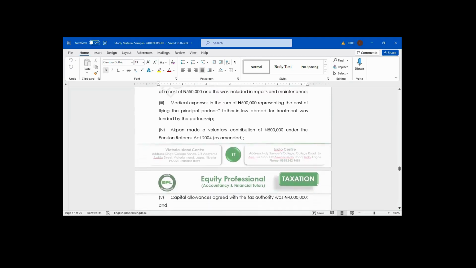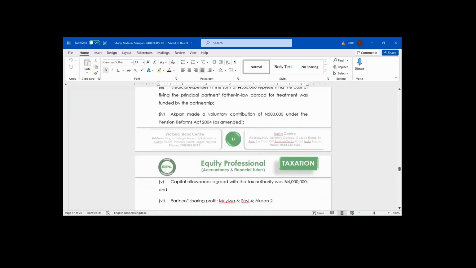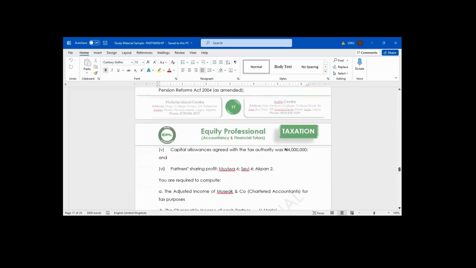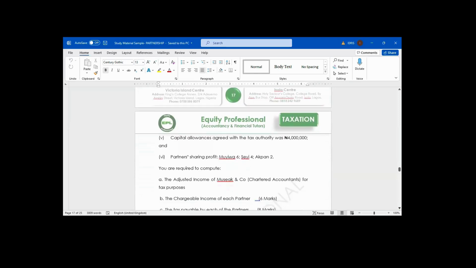Akpan made a voluntary contribution of 500,000 under the Pension Reform Act 2024 as amended. Capital allowances agreed with the tax authority was 4 million naira, and partners share profit in the ratio Muyiwa 6, Sheyi 4, and Akpan 2.